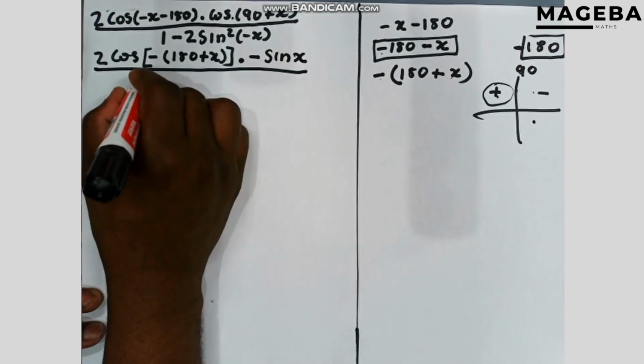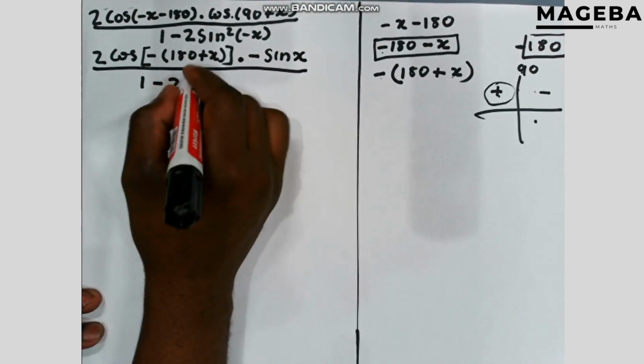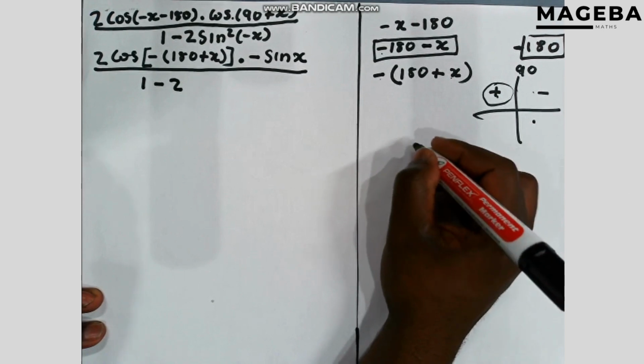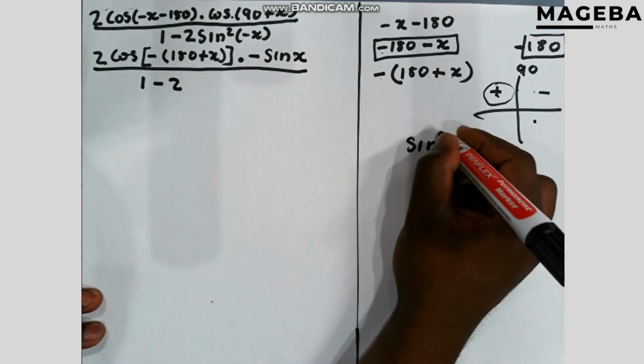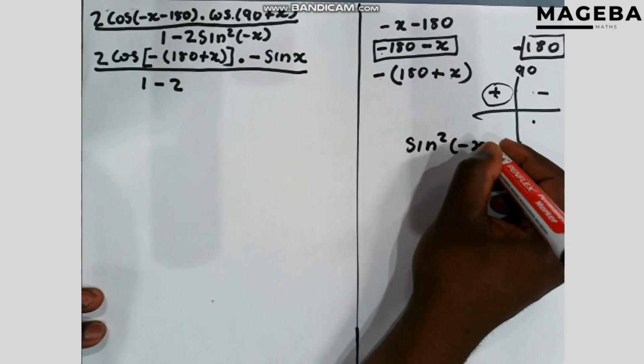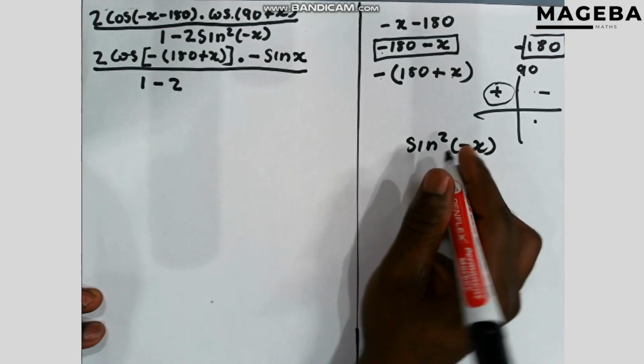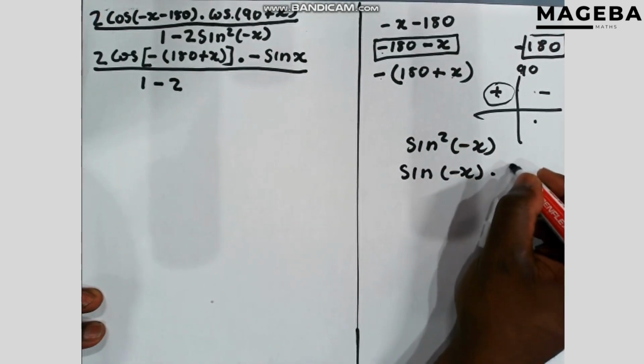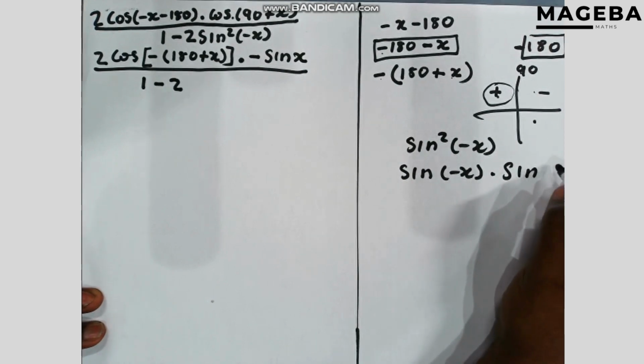And from here it's 1 minus 2, now we have sine squared of negative x. This is like sine of negative x times sine of negative x.